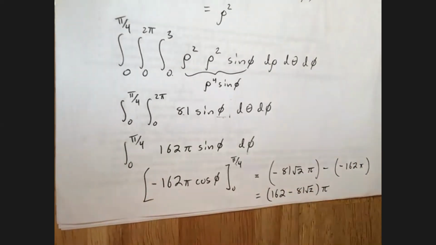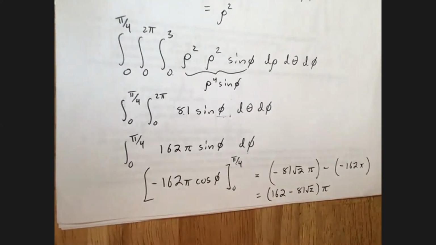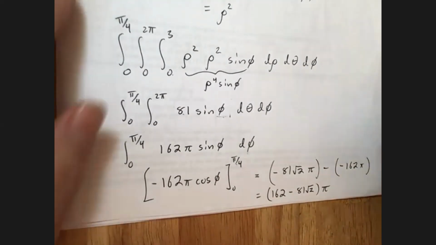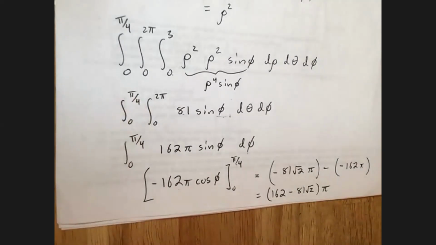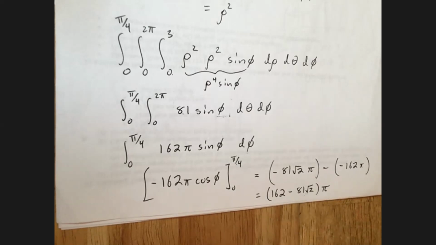I was a little worried thinking I was going to get a negative answer, which can't be the case, because we integrated a non-negative function over a region. We have to get a positive thing, and it came out. This number is definitely bigger than this number, so it's going to be positive. So that looks about right. So we integrated that function over that ice cream cone shape.